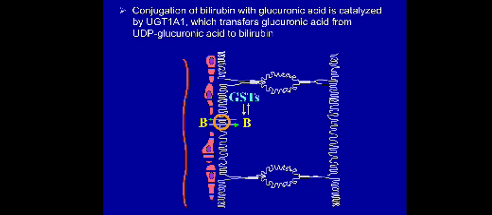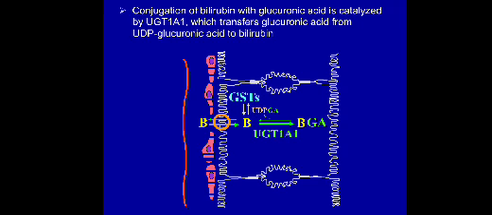Now you see the conjugation of bilirubin with glucuronic acid is catalyzed by uridine glucuronyl transferase 1A1, which transfers glucuronic acid from UDP glucuronic acid to bilirubin. Understand? This process is very, very important.